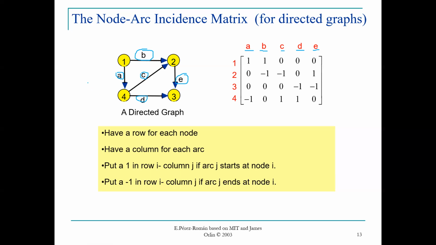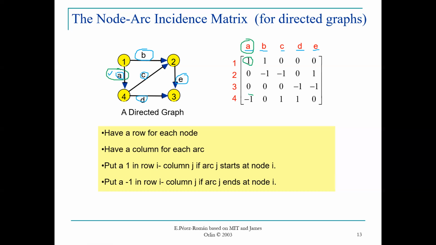So if you look at A, let me use another color. If I use A, we know that since it leaves node 1, you have a +1 here. And it is a -1 on the node that is ending.